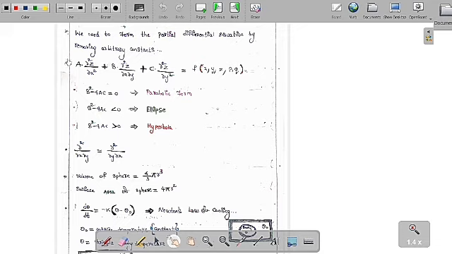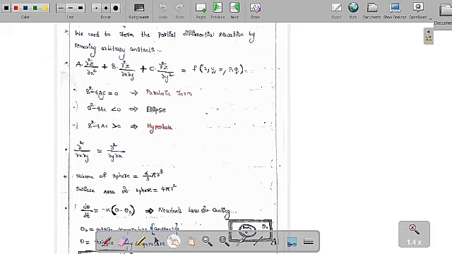This is an equation, which means we can say it is a partial differential equation. If you see any partial differential equation in this format, which is A into del square z by del x square plus B into del square z by del x del y plus C into del square z by del y square is equal to f of x, y, z, p, q, then you need to know these conditions.